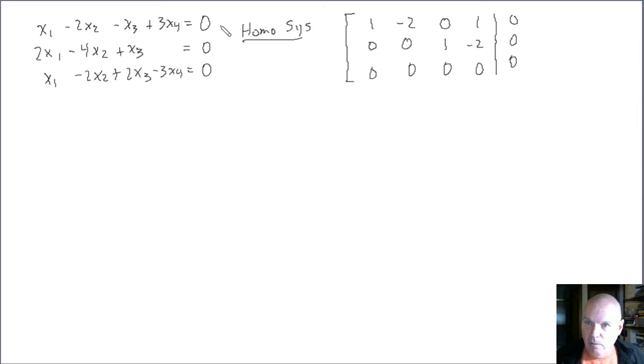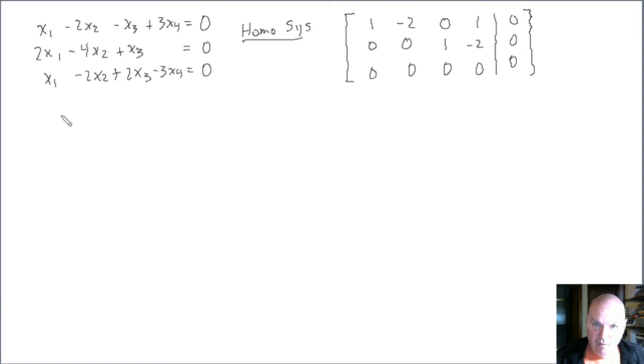It's going to remain zeros. It initially started with zeros, and my elementary operations are multiply a row by a constant, add a multiple of another row, or swap rows, but I'm always going to have zeros here for the homogeneous system when I reduce that to row echelon form.